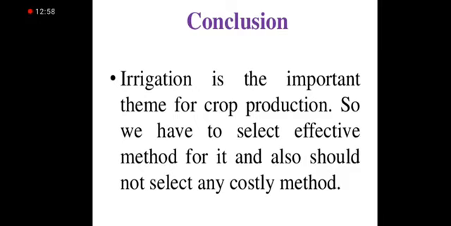According to the field, the terrain, the crop and the temperature, we have to select the effective method of irrigation so that the yield, the production of the crop, should increase, and it will be beneficial for both farmers and urban people as well as for the country. Prosperity will increase. So we have to go for an effective method of irrigation, which should not be very costly.